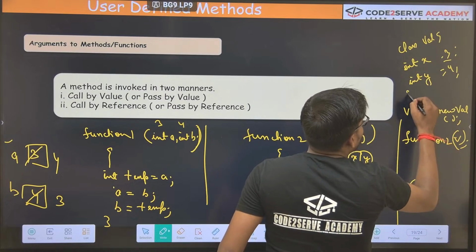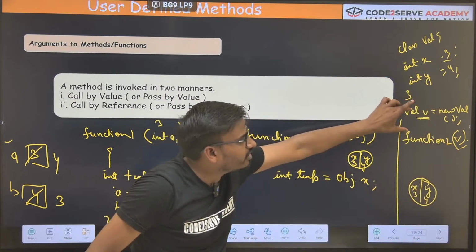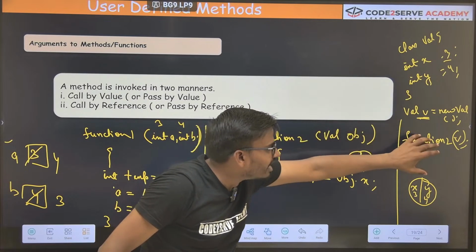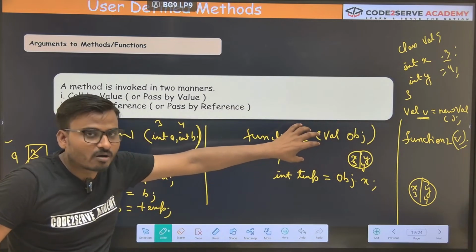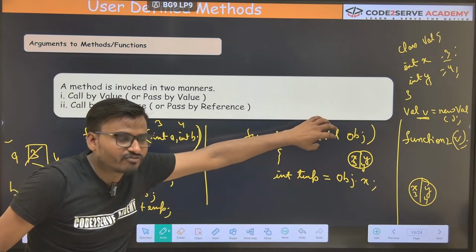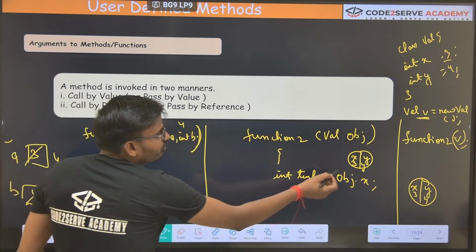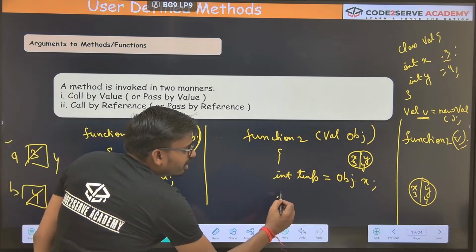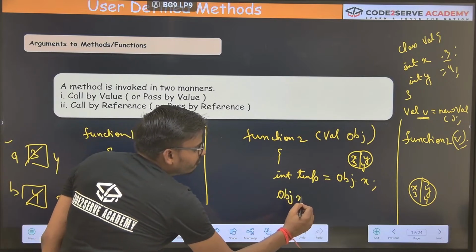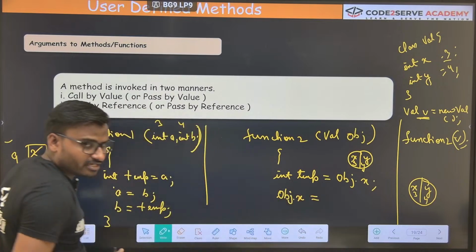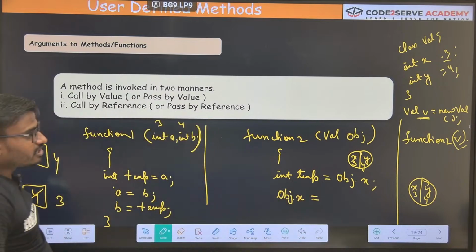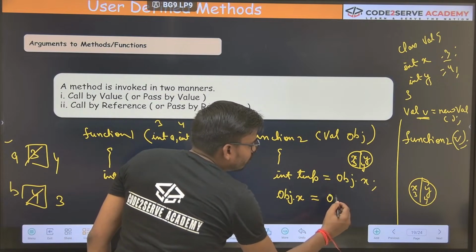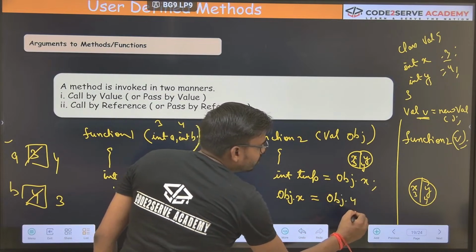So what is happening? We have one class, we created an object of that class, and in that function too, we are passing that object. So we are getting one object over here, with 3 and 4. Now we write obj dot x is equals to obj dot y.